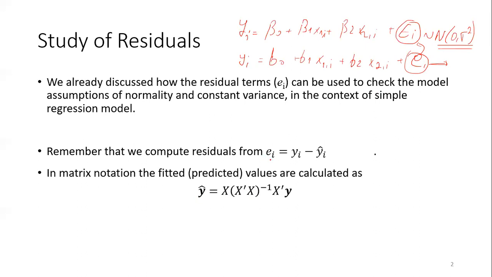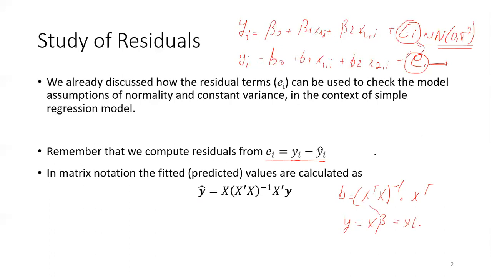Remember that e_i, the error, is the difference between the real value and the predicted value. The predicted values in matrix notation can be written like this. Remember, our b was (X transpose X) inverse times X transpose times Y. In matrix notation, Y is equal to X times beta, so instead of beta I use b.